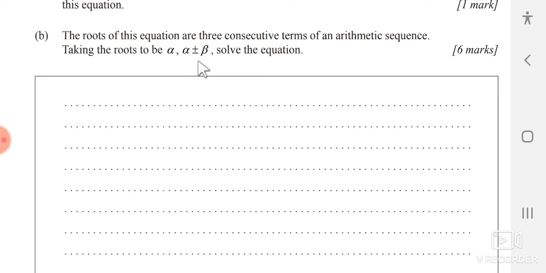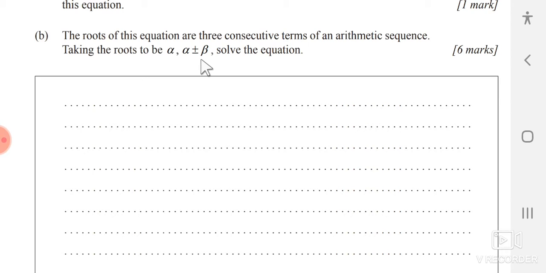you can easily solve this equation by finding, first, the value of alpha and then alpha plus beta, and then with the help of these roots you can find the sum of these roots, and the sum you already have found. If you multiply, you will get alpha plus beta into alpha minus beta, and then with alpha, from this simplification, you will have the expression, and you are already having the value of the sum of the roots and the product of the roots from the above, and you can simplify this.